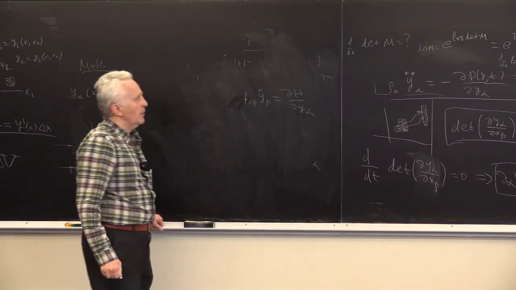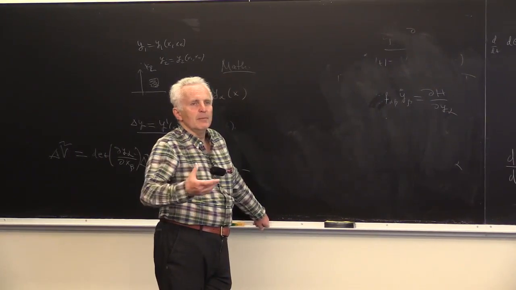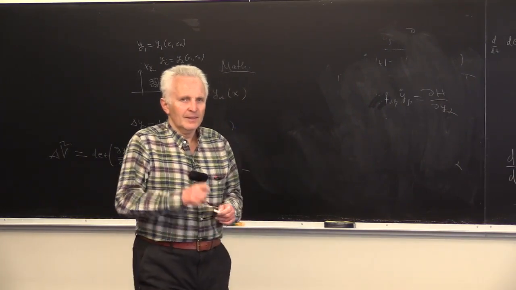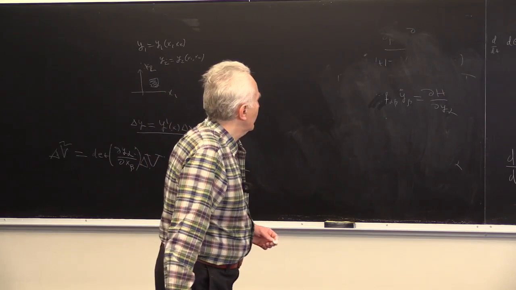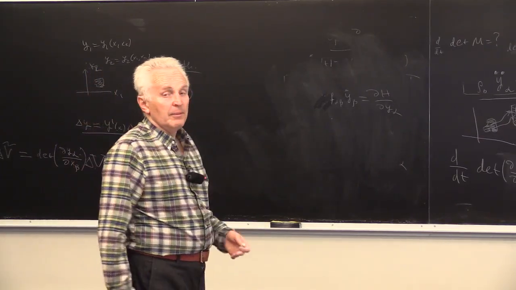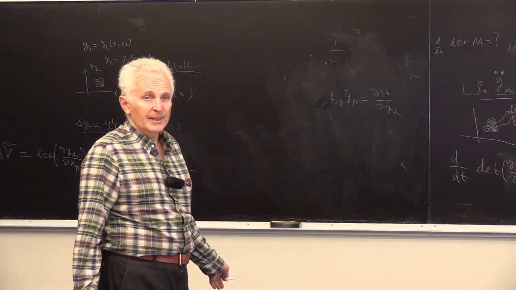That was the Hamilton equation. So what looks similar and what looks different? What's the natural analog of the Hamiltonian? Let's first start with it.